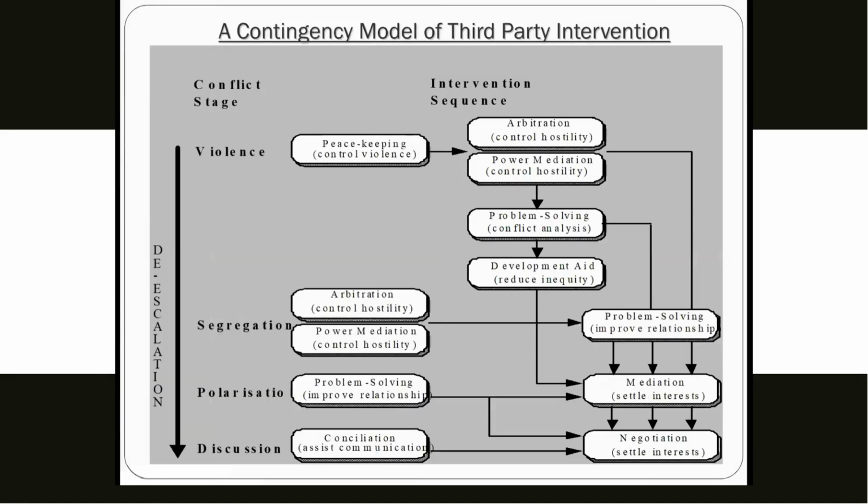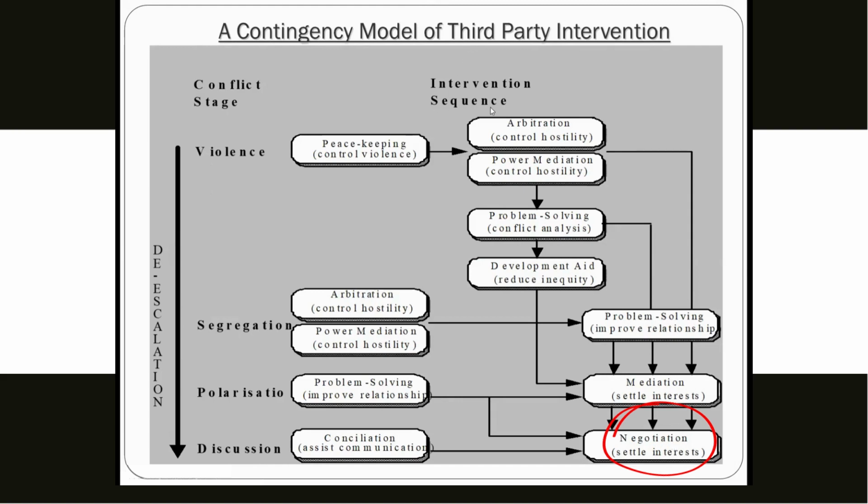And what we see in conflict context, here on the left side, is a move from violence to discussion. So the purpose of de-escalating conflict is for the parties to be able to discuss directly. So negotiation is the ultimate objective.